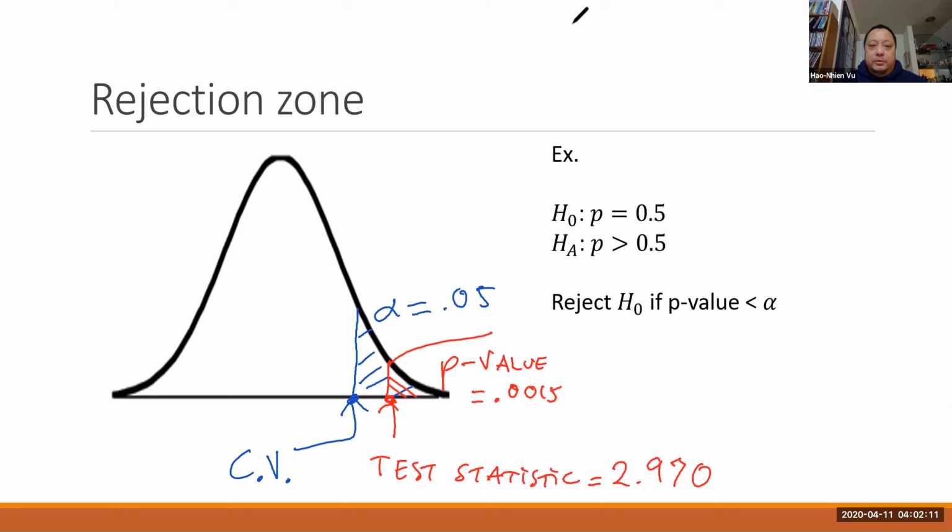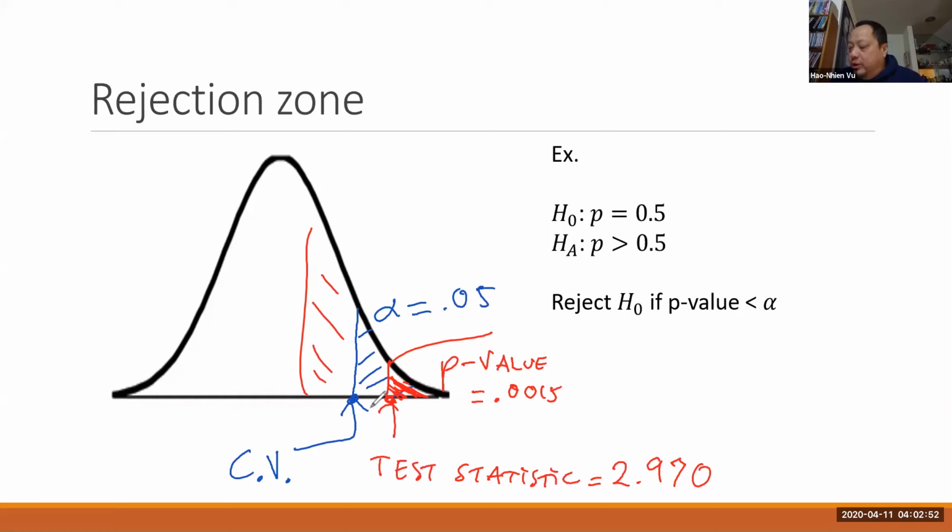All right, now let me introduce the concept of rejection zone. In our example, the hypothesis is right tail. When is it that we reject H0? We reject H0 if p-value is smaller than alpha. And in terms of comparing area, if the area is over here, then it will be smaller than alpha. If the area were all the way over here, it would not be smaller than alpha.